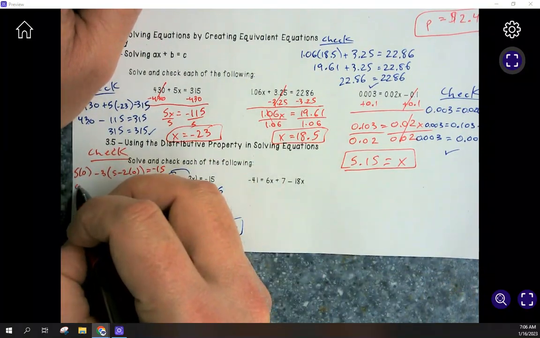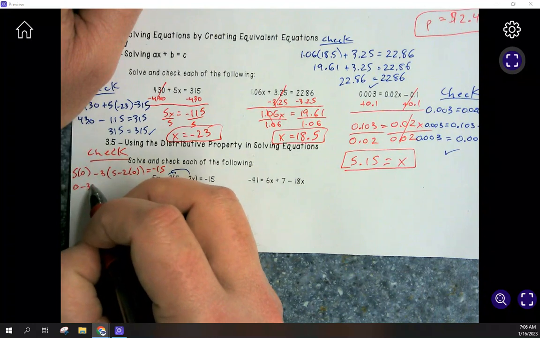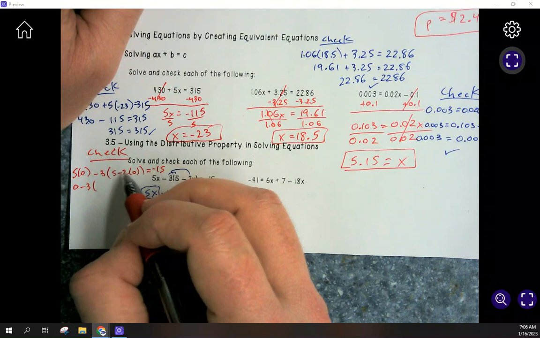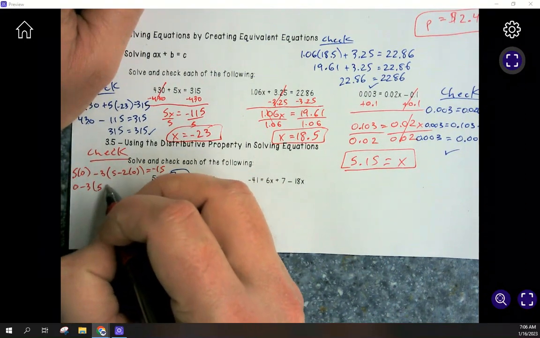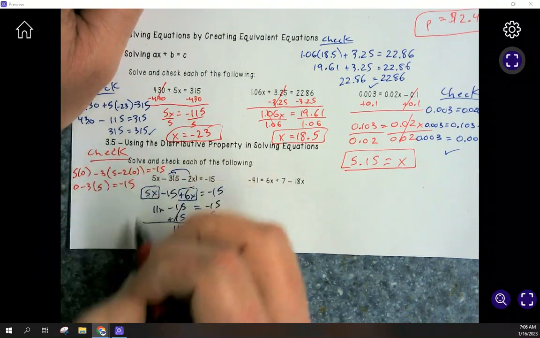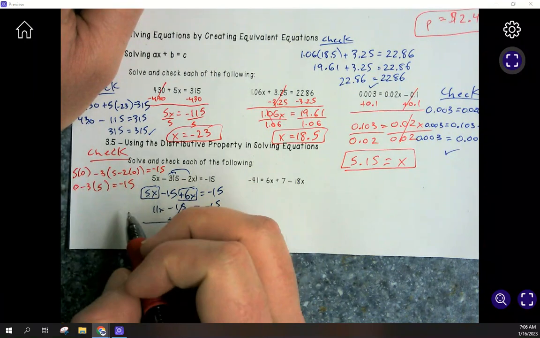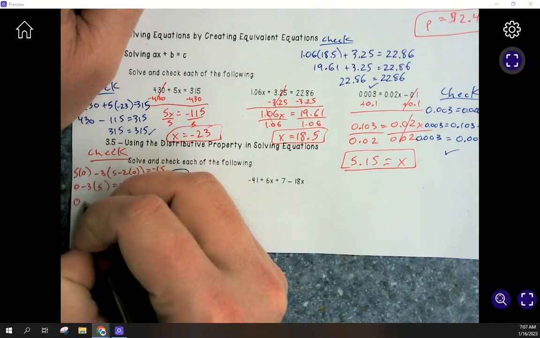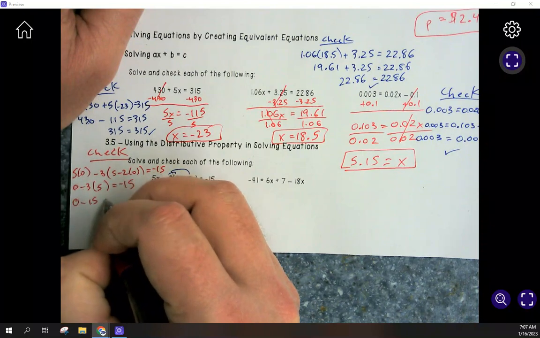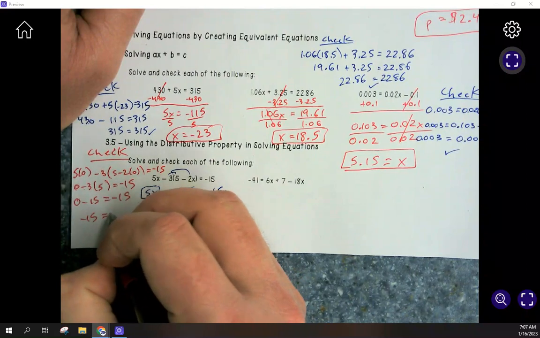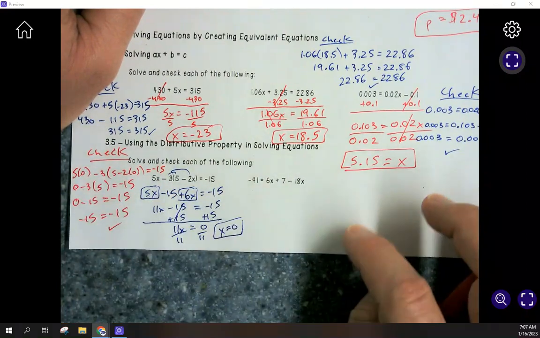So we're going to have 0 minus 3 times, now 2 times 0 is going to be 0, so 5 minus 0 is just 5. The 0 can just go away. This is going to be negative 3 times 5, or some people would write this as 0 minus 3 times 5, 15. And just do it in one extra step, which is going to be negative 15, which works out.